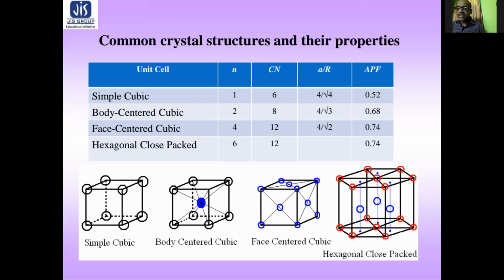And in the interior, there are a total of 3 atoms in a unit cell. So the total N, that is the effective number of atoms, will be 6, the coordination number is 12, and the APF, when we calculate, will give us 0.74, like face centered cubic.